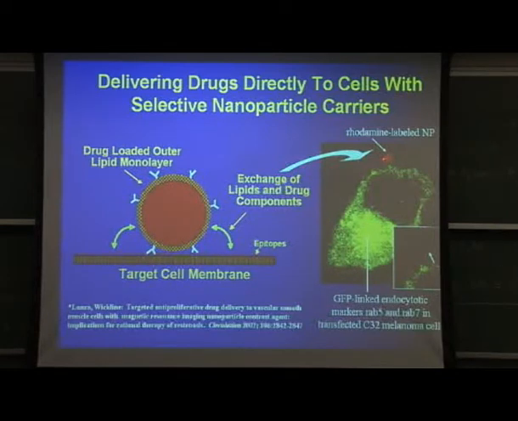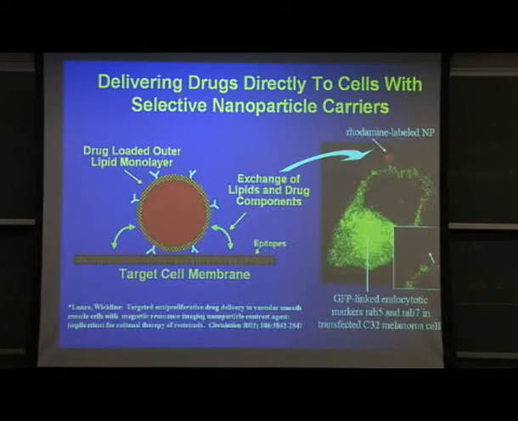But what happens is you have this lipid exchange or lipid mixing from this particle to this membrane. The membrane's on the outside, and these green fluorescent protein markers are on the inside of the cell. Here's the nucleus. But it comes off rather quickly and will go into the membrane and flip over and distribute itself into the inside of the cell within, say, 10 or 20 minutes.